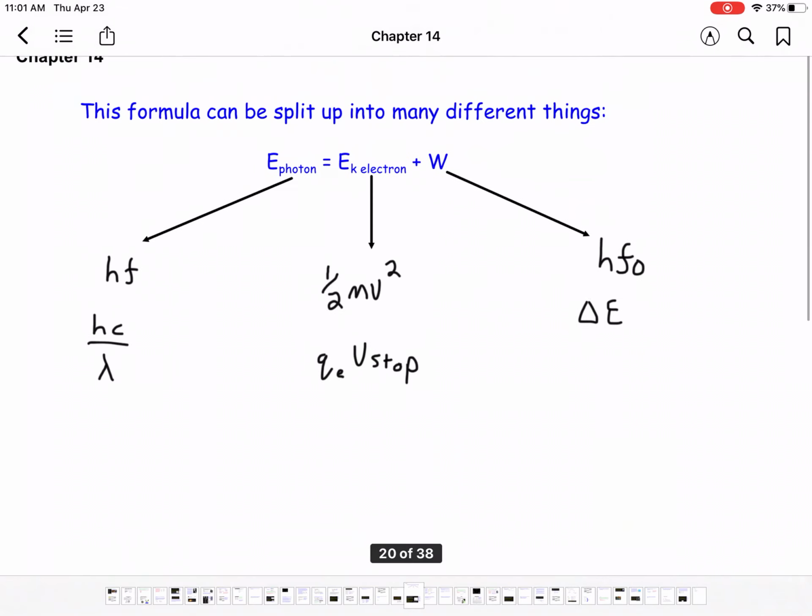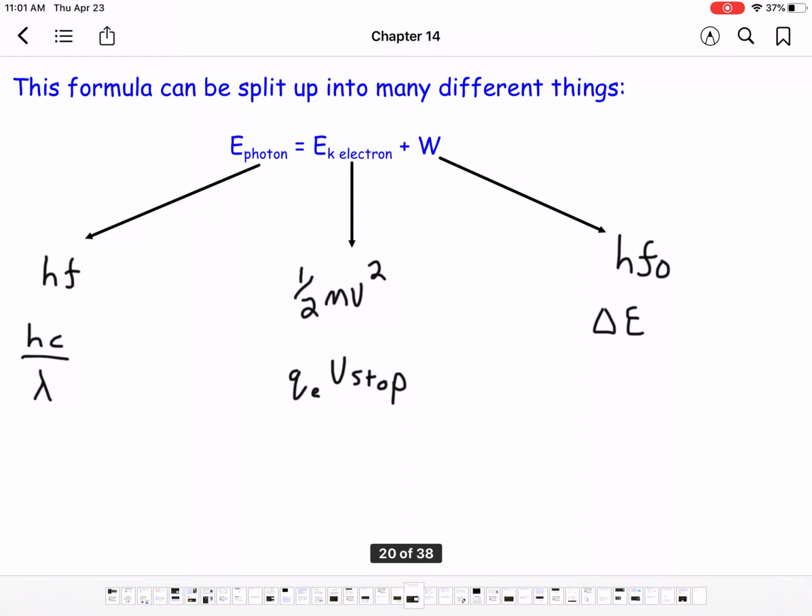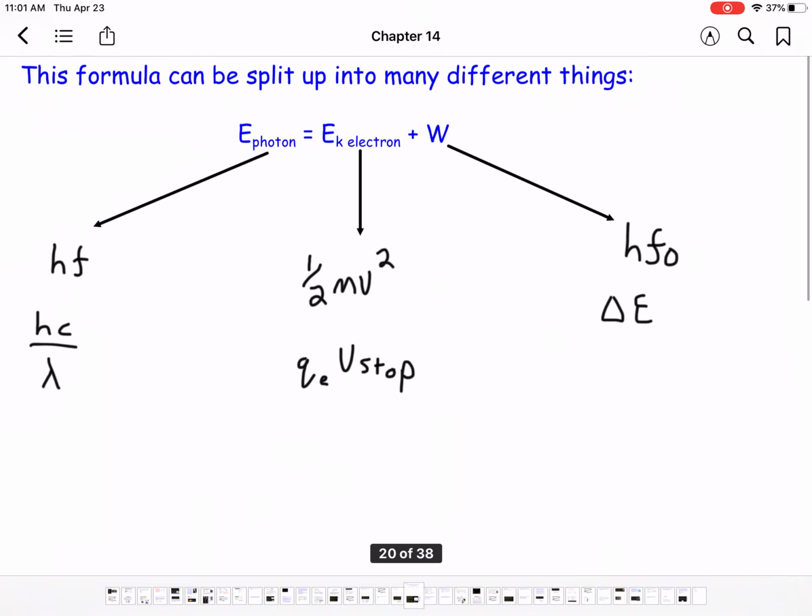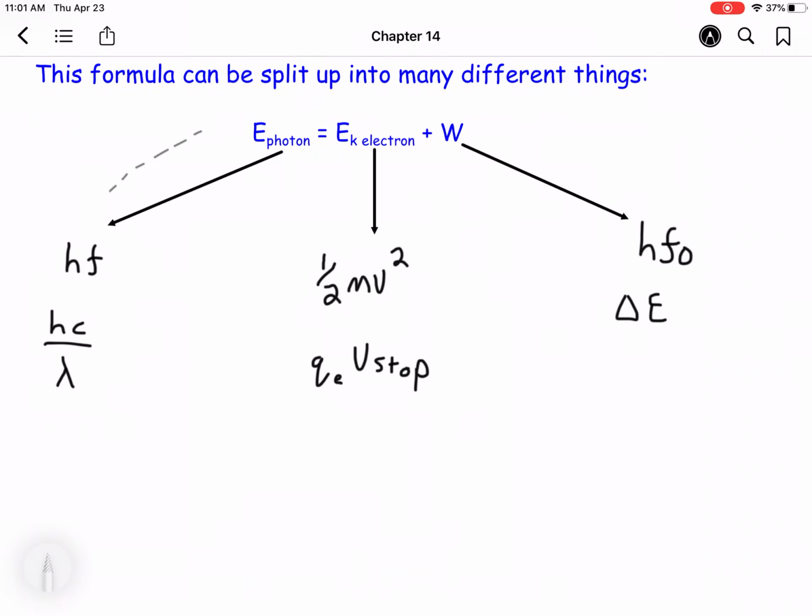Okay, so this formula can be split into many different things, so you've got to be careful. With the E photon, you're generally going to see it as hf or hc over lambda. You will never see 1/2 mv squared or anything like that because photons don't have mass. The EK of the electron is generally going to be 1/2 mv squared, but it can also be the qΔV that we just learned.